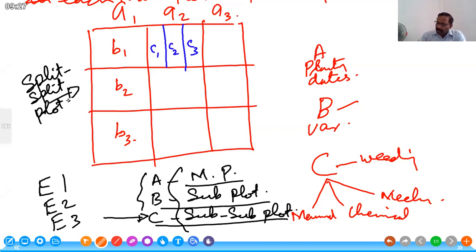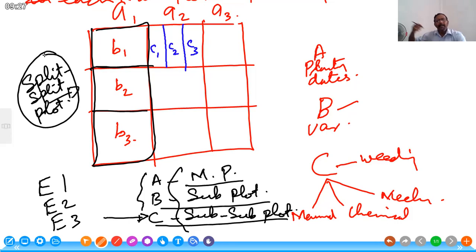The main plot is divided the first time into B1, B2, B3. The second dividing is C1, C2, C3. So 2 times it has been split, so it is called split plot design. This is a bit complicated. The third level is more complicated, but still people are doing it. The more convenient one is 2 levels of dividing, which is called split plot design.